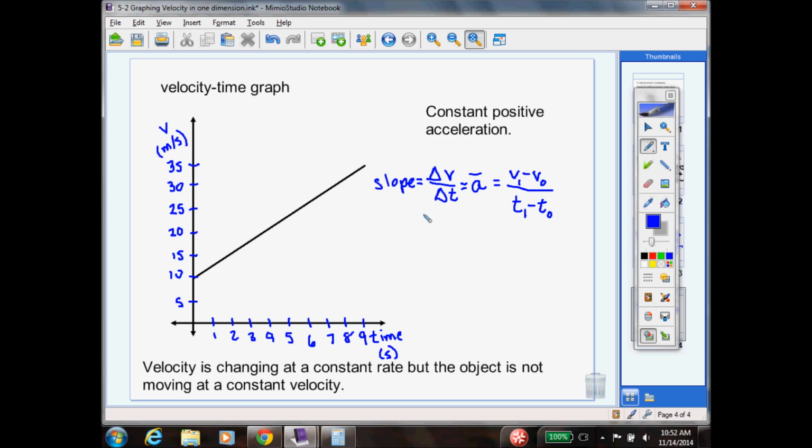We're going to have to get you to wrap your mind around this. Does anything in this graph tell you where the object is located? No. It just tells you how fast it's going at various different times. It does not tell you where it is, just how fast.